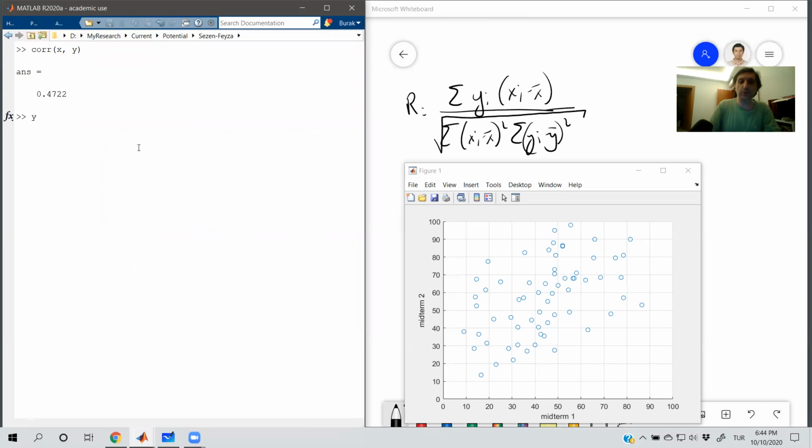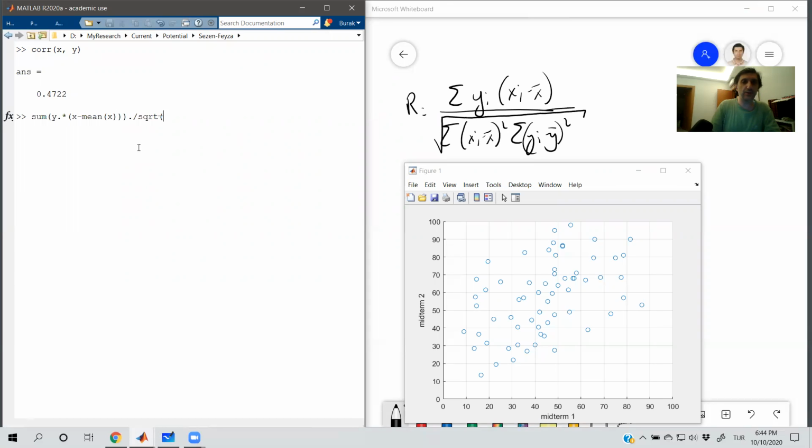It means we are going to take each Y value and multiply by each X value's difference from its mean value. The dot and product means element by element multiplication. And then we are going to divide this by the square root of, oh, I should have said here sum. Yes, I forgot that. I sum all these values.